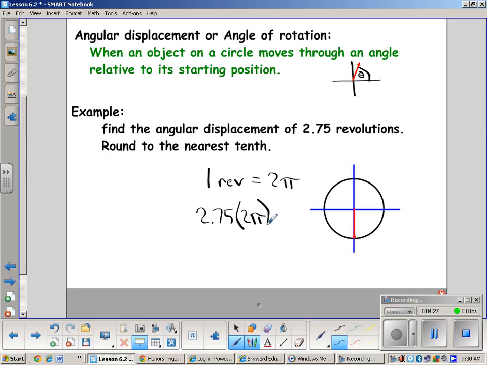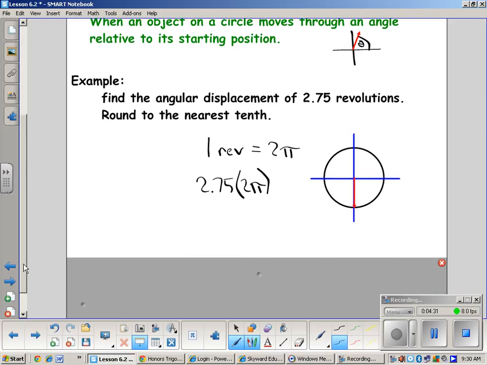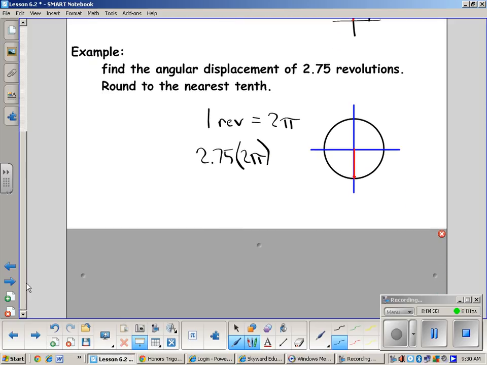And they said round to the nearest tenth. So 2 pi times 2.75 gives me an angular displacement of 17.3. Do I have to be in radians to calculate that?